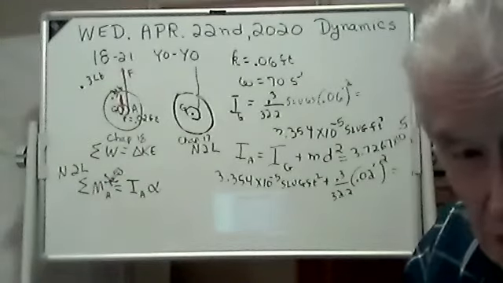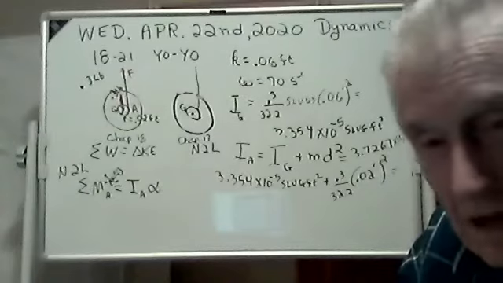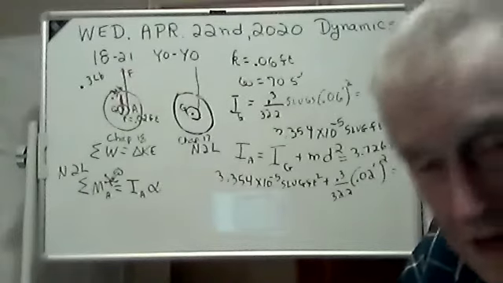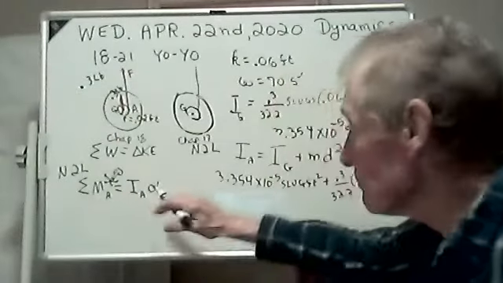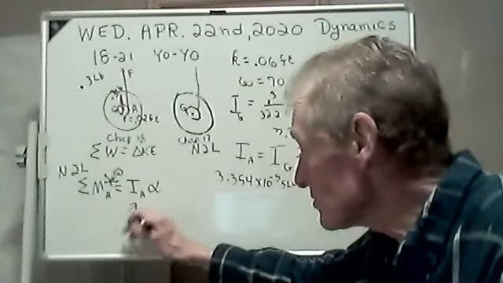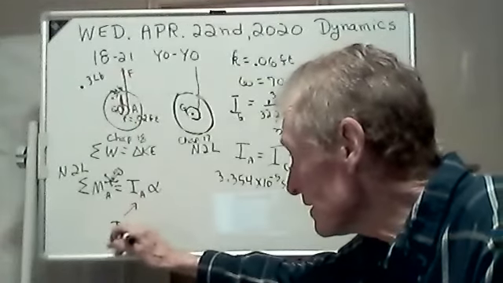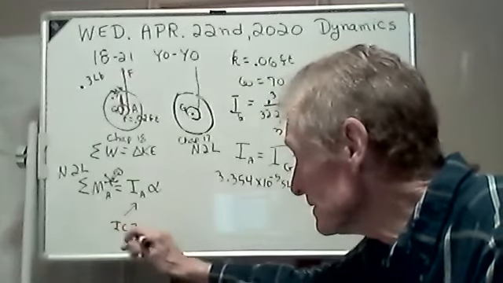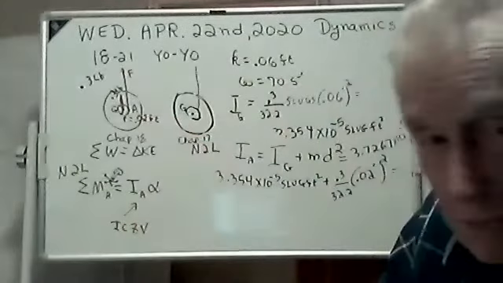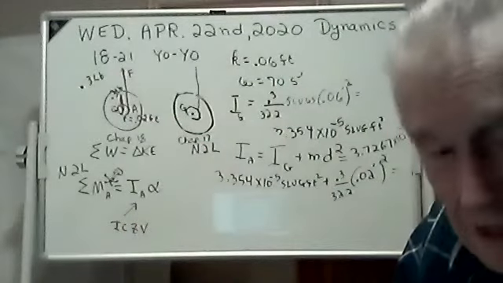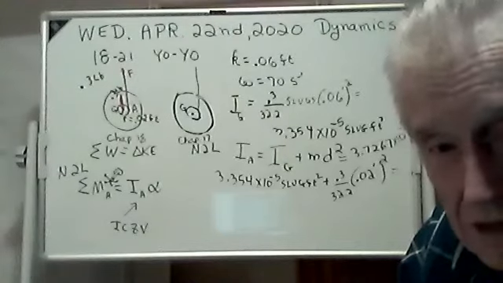I think the word was rolling, but we're not rolling, we're unwinding. This equation's okay on this because we have an ICZV. See that point A there? That point A is an instantaneous center of zero velocity.